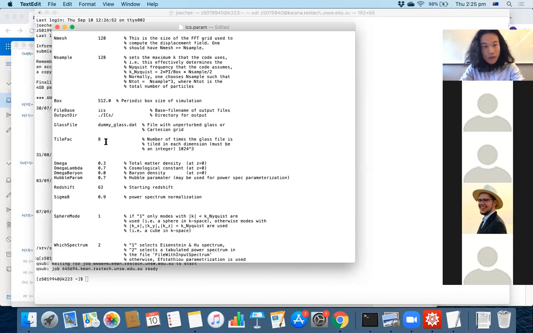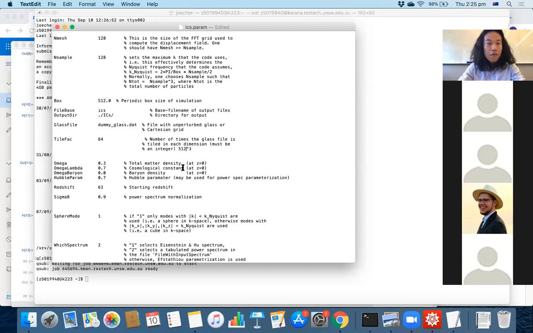So with 16 in each dimension, I'll have to tessellate 64 times. I have a 16 length glass file, and I tessellate this 64 times to get 1024 particles along one dimension. When I cube that, I get the billion particles.